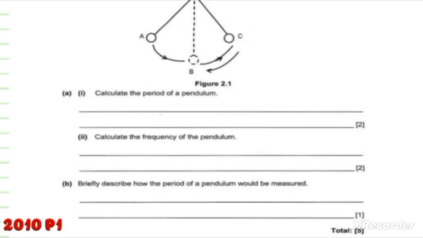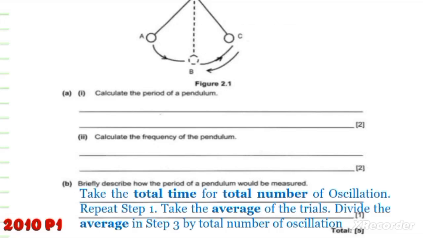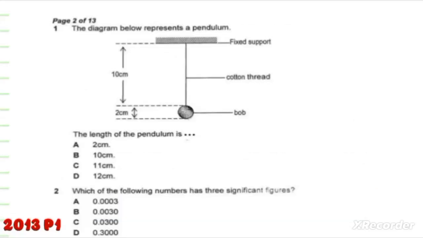These are steps that we need to follow. Take the total time for a total number of oscillations. Repeat step 1. Take the average of the trials. Divide the average in step 3 by the total number of oscillations. So these are steps that we can take to find the period of a simple pendulum.